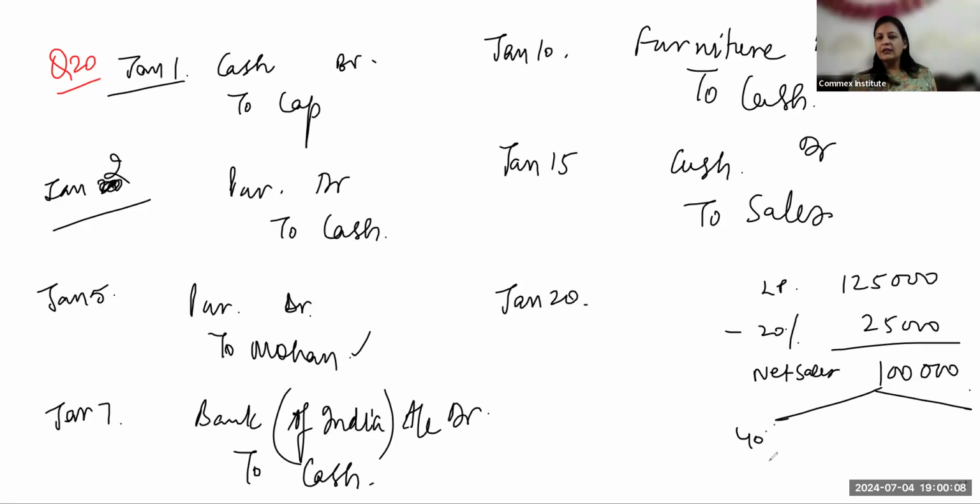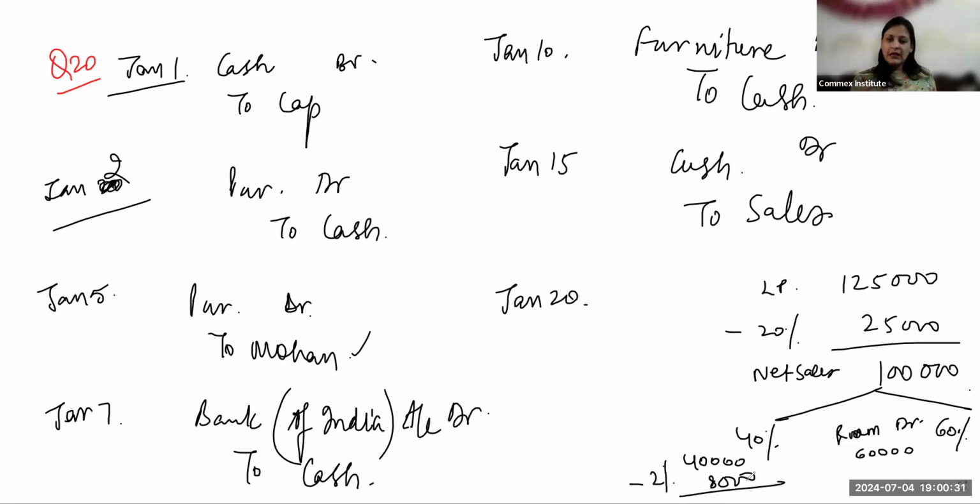So we'll bifurcate it into 40% and 60%. 40,000 is eligible for cash discount. 60,000 is not eligible for cash discount, and for 60,000, Ram becomes our debtor. On the remaining 40,000, there's a discount of 2%, which is equal to 800.